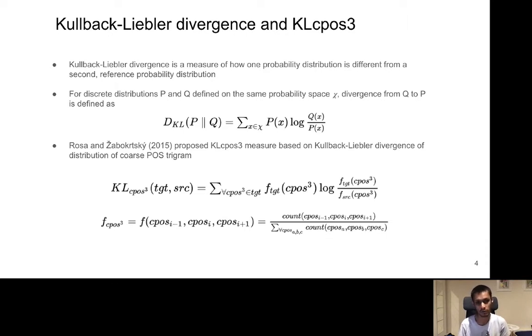The frequency of a coarse POS trigram is the count of the trigram divided by the sum of the counts of all the trigrams in the treebank.